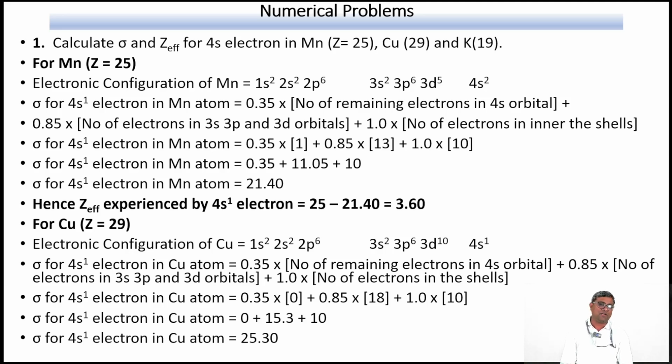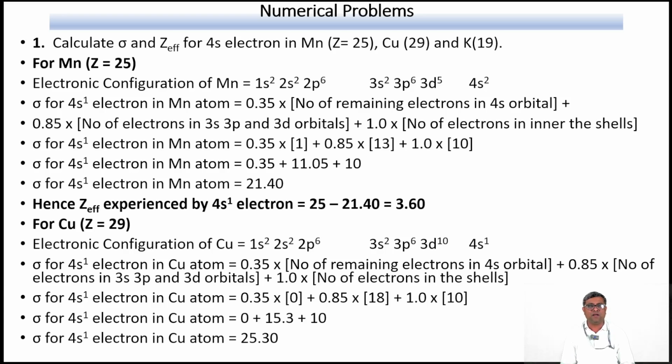Let us calculate the sigma value for manganese for the 4s electron only. The electronic configuration of manganese is 1s2, 2s2, 2p6, 3s2, 3p6, 3d5 and 4s2, so the outermost shell is the 4s shell.